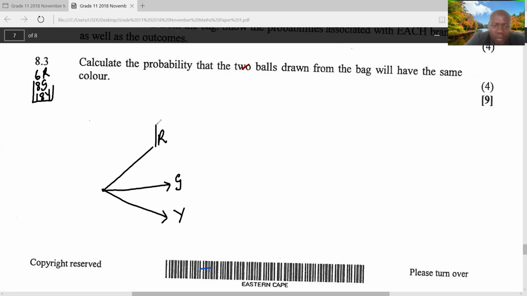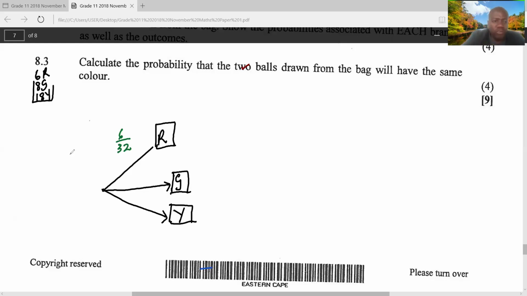These are the possible outcomes for the first time, if we are selecting the ball in the bag. But now, what is the probability of getting red for the first time? It will be 6 out of 32.